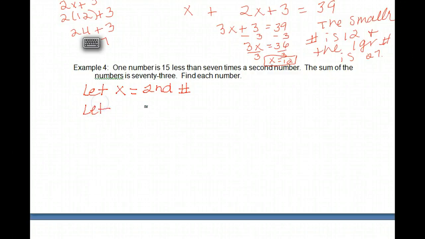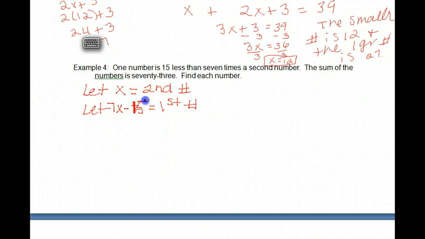And then when we write our let statement, we can refer back to that very first sentence that says one number is 15 less than 7 times a second number. So 7 times the second minus 15 equals the first number.